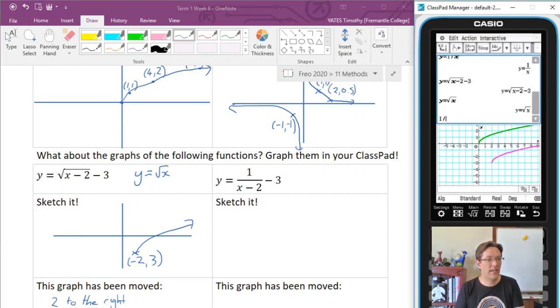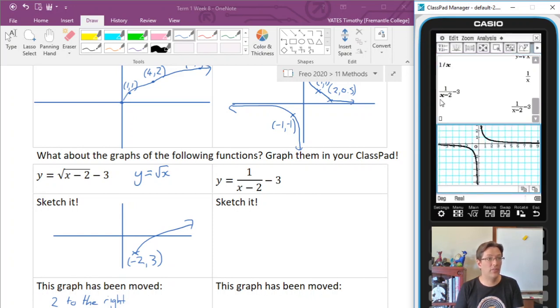First, I'll do my 1 over x. And then I'll do my, let's get a fraction in there. That's going to be 1 over x take 2, take 3. Now, if I don't do my y equals, it will assume that it's going to have a y equals in there.